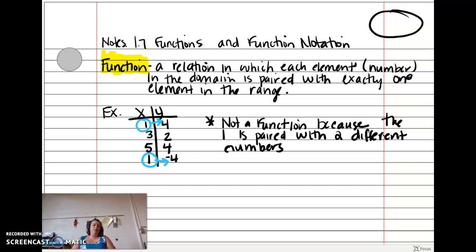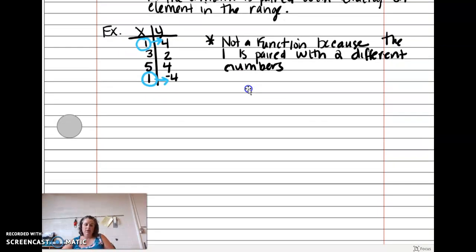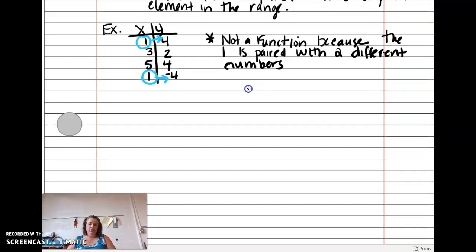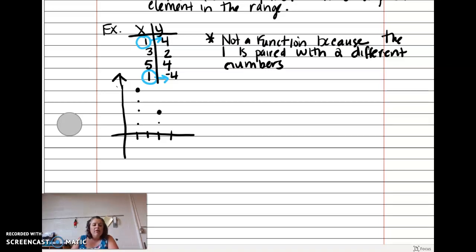And in fact, when you look at the graph of this, if I were to sketch out a little graph, I would go over to 1, up to 4, put a dot, over to 3, up to 2, over to 5, up to 4, and then at 1, we're down to -4.